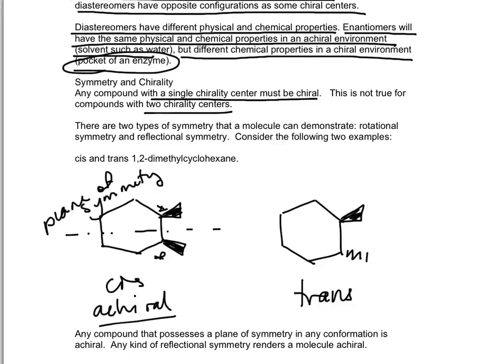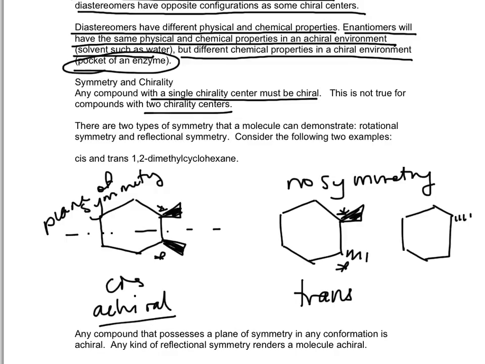Here, when we look at the trans isomer, again, we have 2 chiral centers. But there is no symmetry here. So this molecule is chiral.